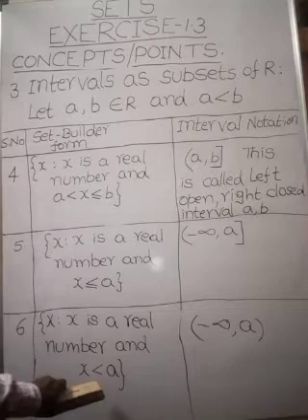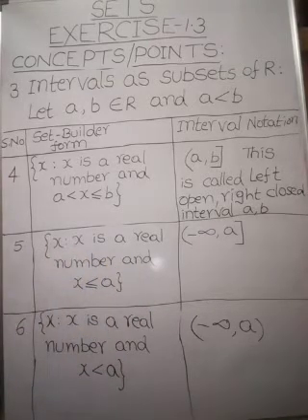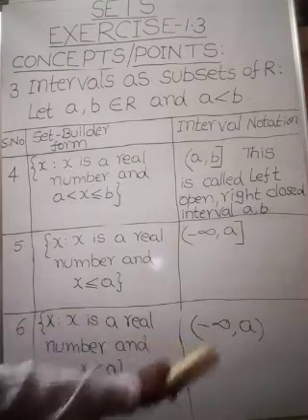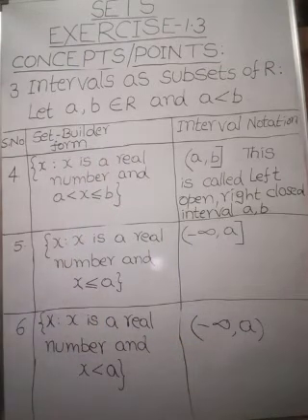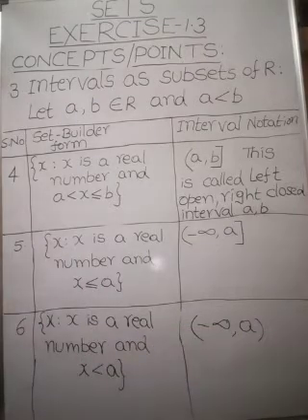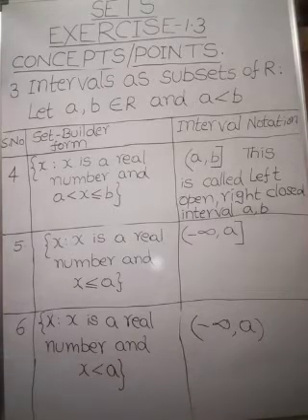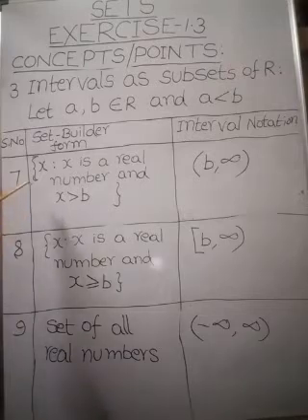So here a is not included. All the numbers less than a, from minus infinity on the number line, left side numbers, but a is not an element in that set. In that interval, a is not included. Understood this interval, my dear children? Right. Now come to the next interval.